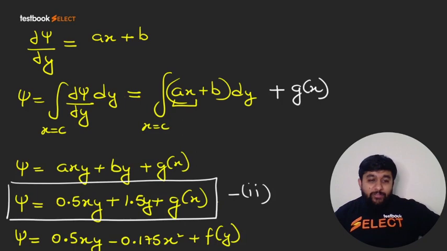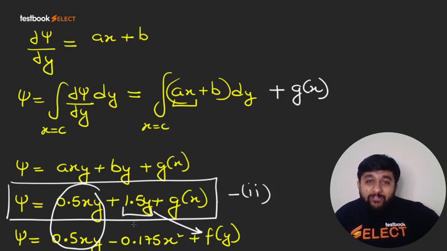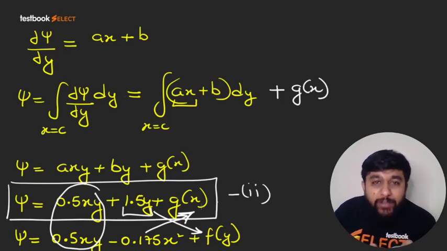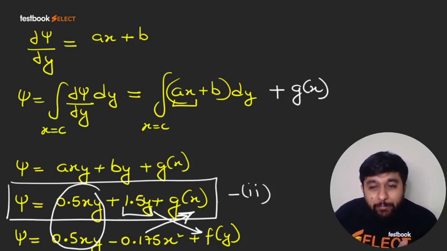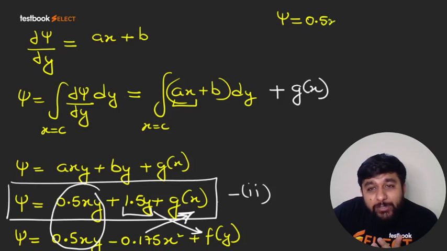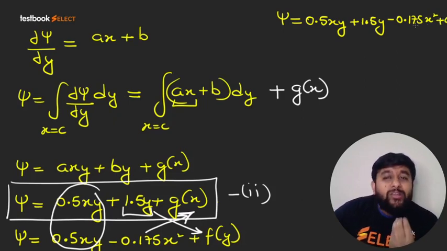Now check for yourself. Compare the two equations. This term is common. This and this are same because 1.5y is a pure function of y, and this and this are same because minus 0.175 x square is a pure function of x. So your final answer for psi is 0.5 xy plus 1.5y minus 0.175 x square, and obviously you can put a numerical constant also.